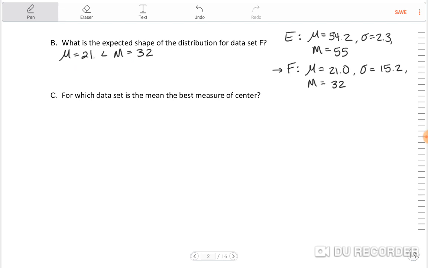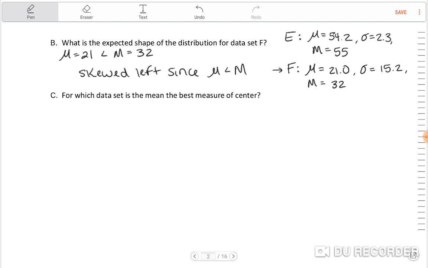It's heavily affected by those extreme values. So wherever you have your extreme values in the tails, that pulls the mean in that direction. The mean here is 21 and it's smaller than the median. If the mean is smaller than the median, it's being pulled to the left, which means this is a skewed left distribution. So this is skewed left since the mean is less than the median.